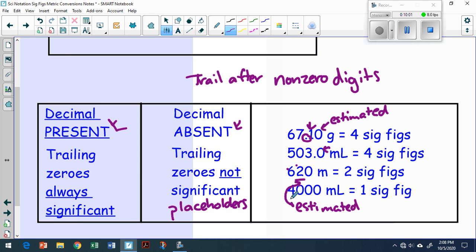Here, the 4 is the estimated digit because it's the final non-zero number, but we know it's about 4,000. That's not a very precise measurement, right? But that might be limited by a very large beaker or something that allows us to only report the thousandths place. So in this case, the 4 is the only significant figure in this measurement.